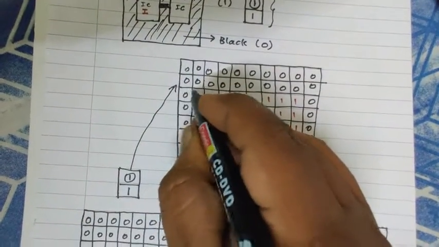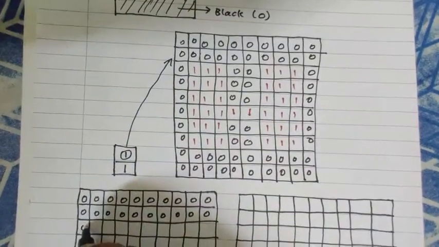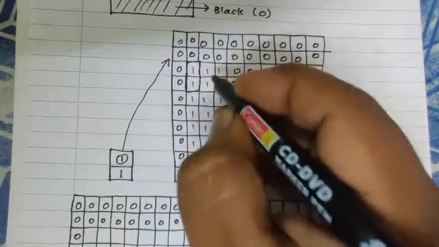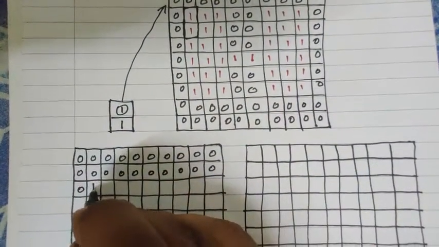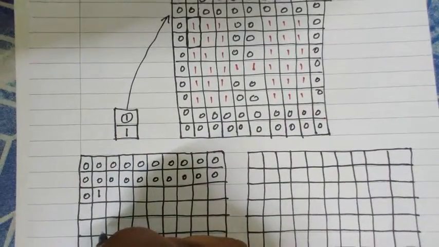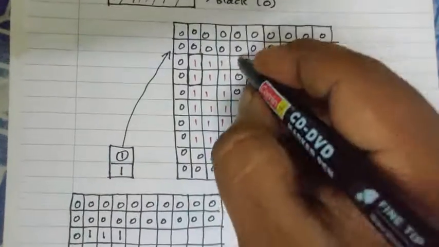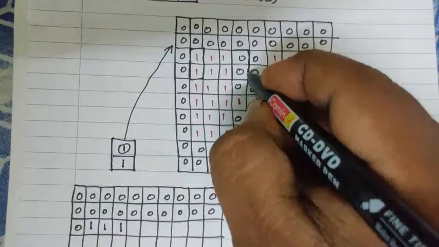Next, I'll be moving over here. It is not matching, but when I move it over here, both the pixels are matching, and hence in place of the seed pixel I will place a 1. Similarly here, similarly over here. Again, if I come over here, they are not matching.